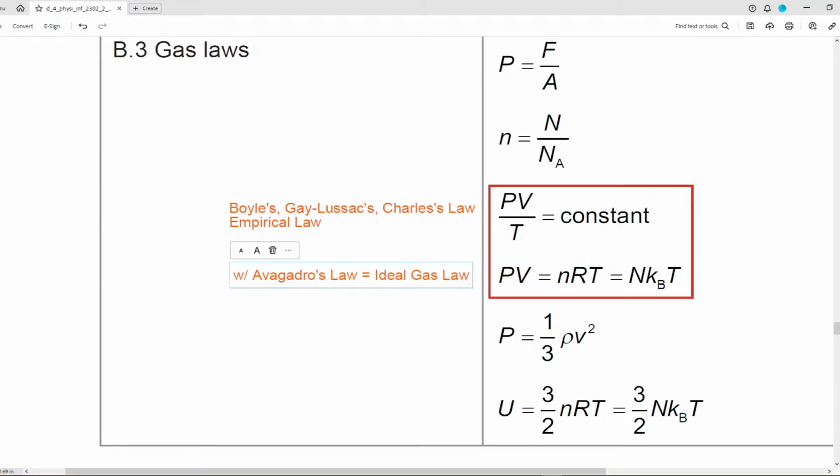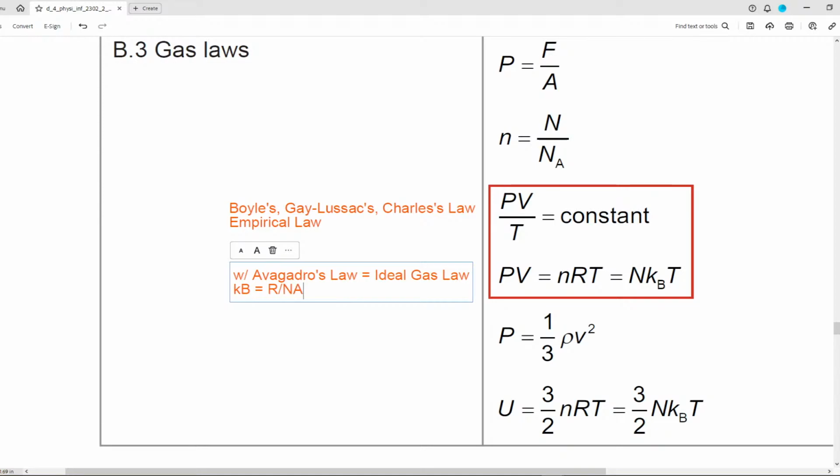However, with Boltzmann's definition of his constant, Boltzmann's constant is exactly the gas constant over Avogadro's constant. So k_B is equal to R over N_A, where N_A is 6.02 times 10 to the 23.